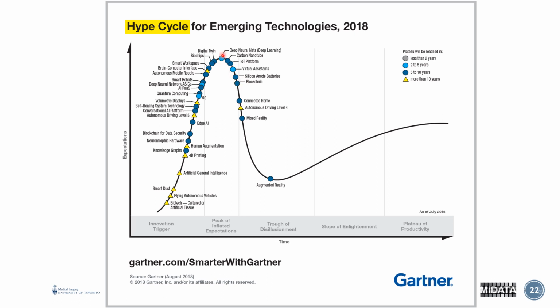So according to Gartner, deep learning is way up here, and I kind of believe it, right? What's going to happen is you're going to get this trough of disillusionment where the expectations of deep learning are just going to plummet because we're going to realize there's only so much we can do. Do I see it crashing this hard?